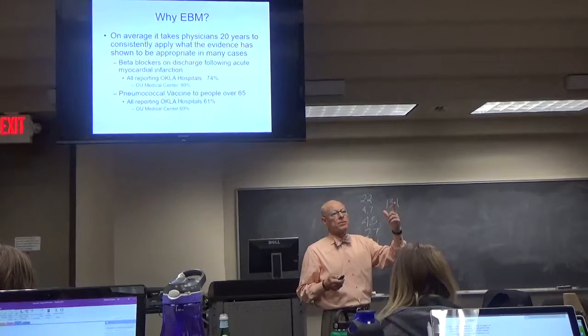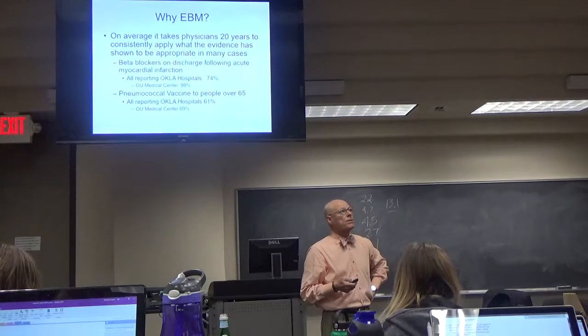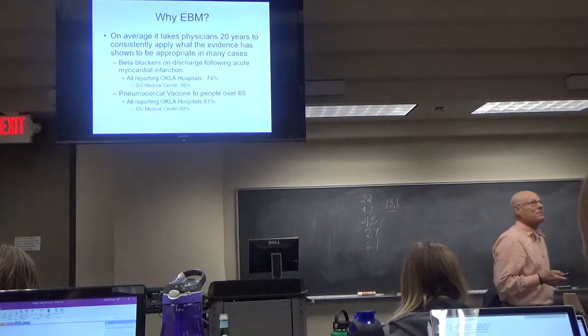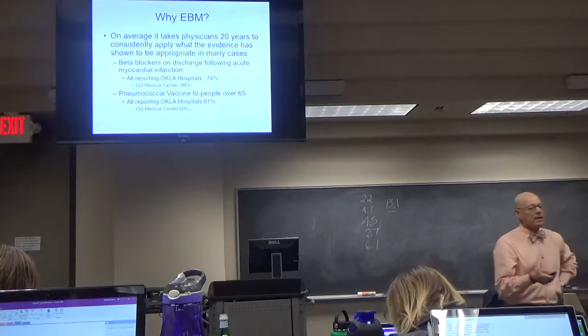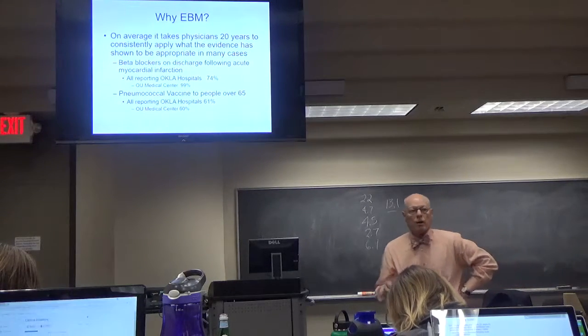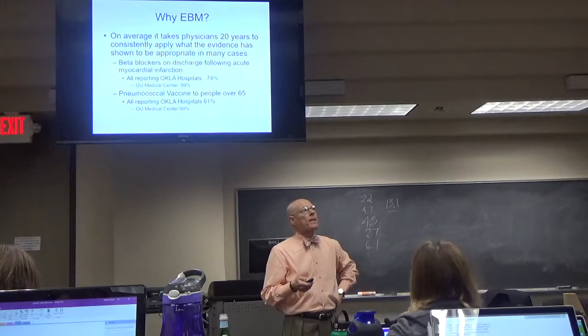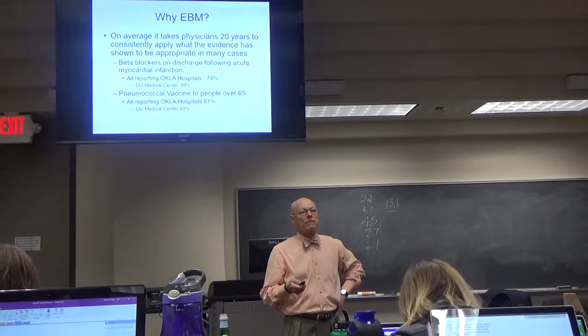So I talked about this yesterday. It takes 20 years for practitioners to change what they do. Here's some data. Several years ago, I was appointed as chairman of a committee to look at all the hospitals in Oklahoma to test whether they were discharging their patients after MI with a beta blocker.